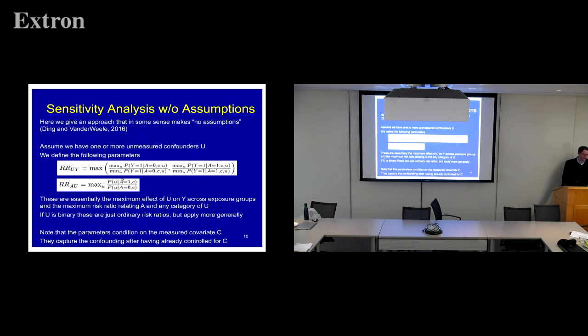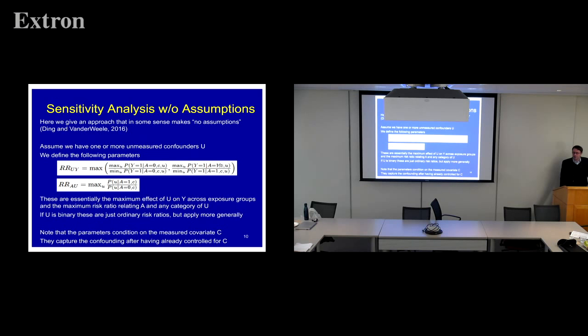How much more likely are the exposed and the unexposed to have the unmeasured confounder take the value 2 than anything else? And we take the maximum of those. So for any level of U, what's the maximum risk ratio relating the exposure to that value of the unmeasured confounder. So if U were binary, this would just be a simple risk ratio relating the exposure to the unmeasured confounder, but we can define this more generally for any U.